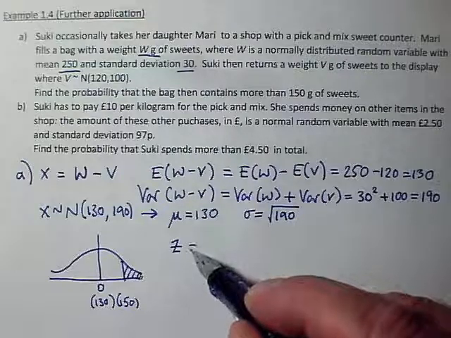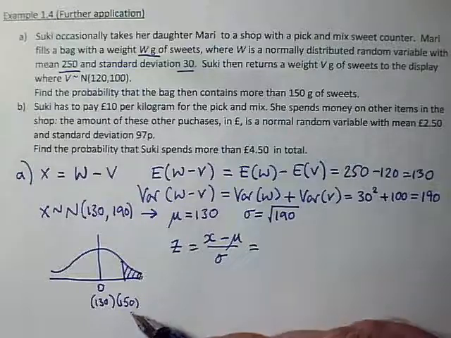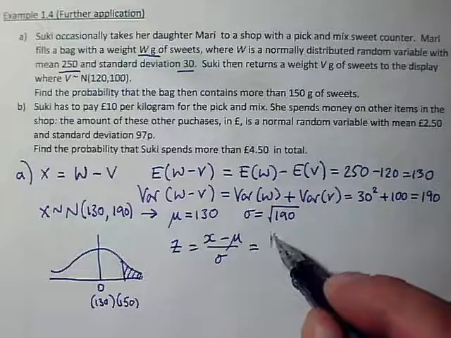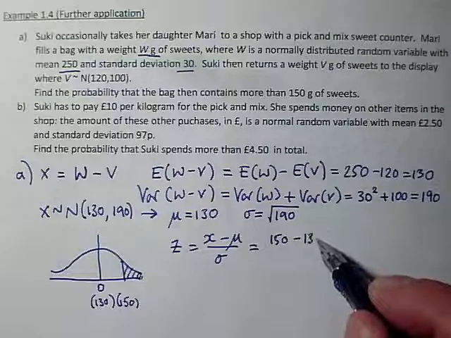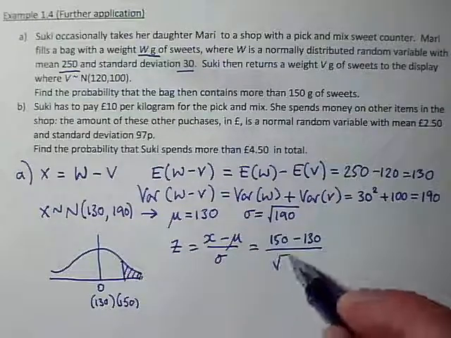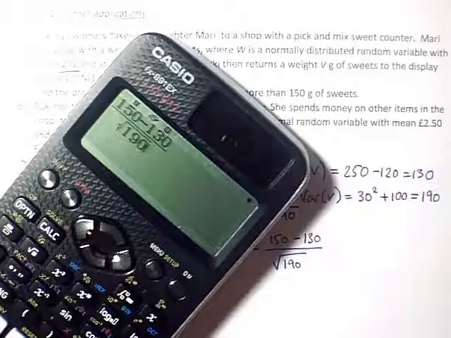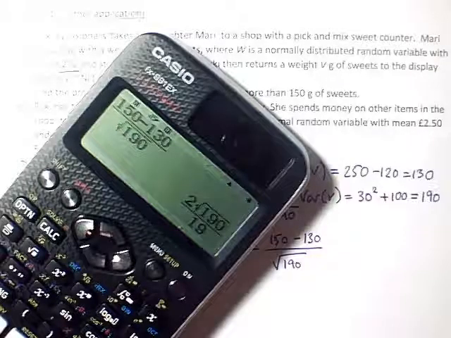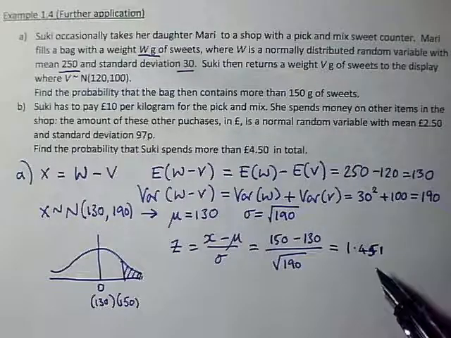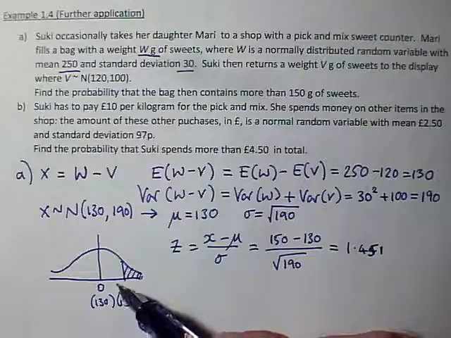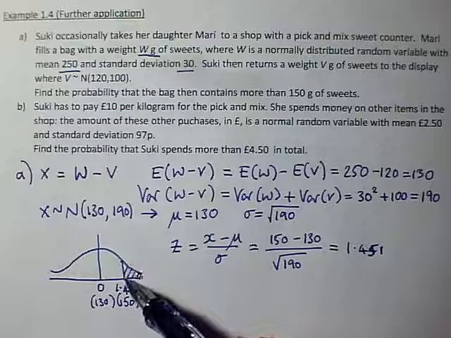So Z equals X minus mu over sigma. So my X value is this 150. So 150 minus mu, which is 130, divided by sigma, which is root 190. And my calculator, when I do that calculation, gives me 1.451. And looking at my sketch, I can see that this 1.451, yes, that's good. It's a positive Z value, but I want to be above that.